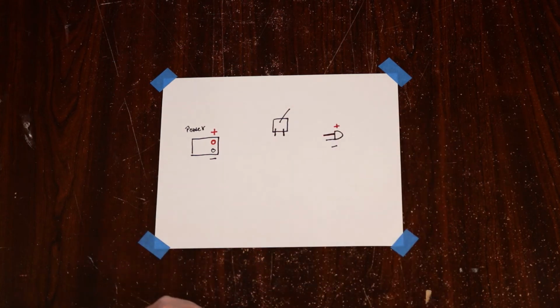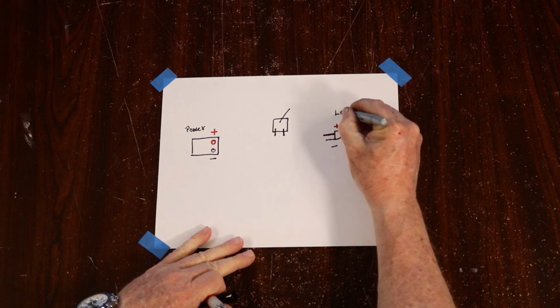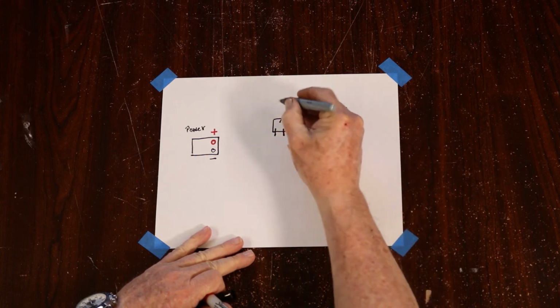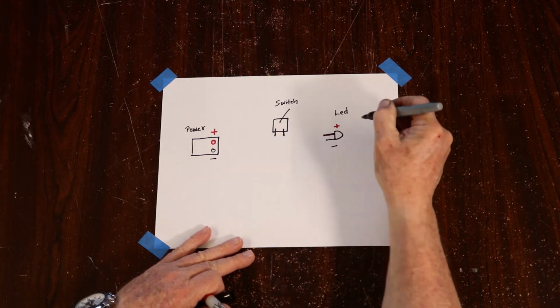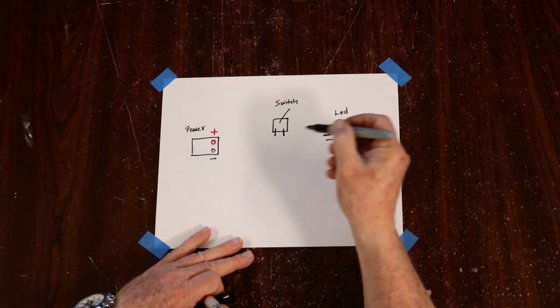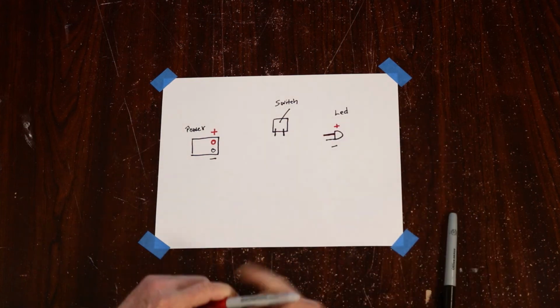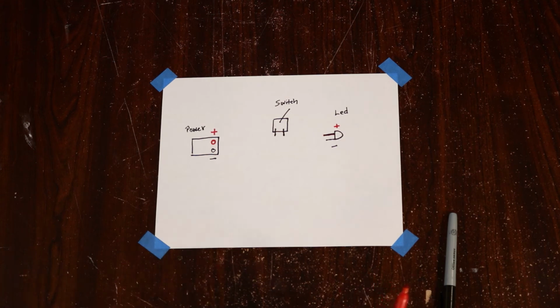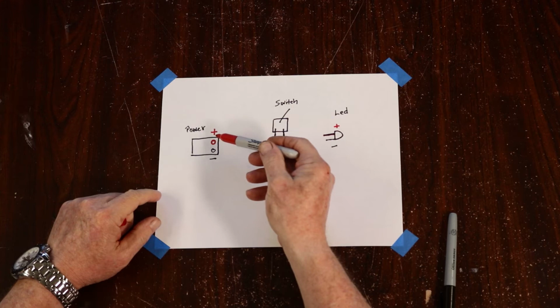So here we have two main things: we have the LED, which is here, and we have a switch, which is there. Where people always get confused is using positive and negative.